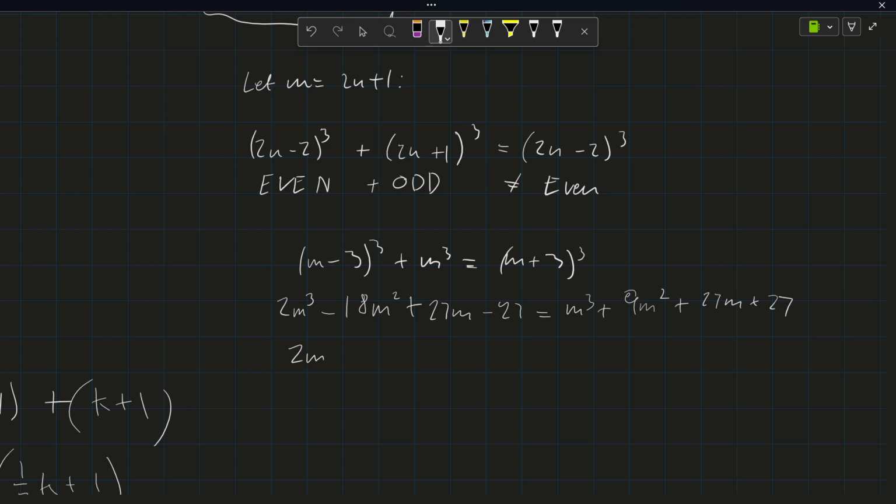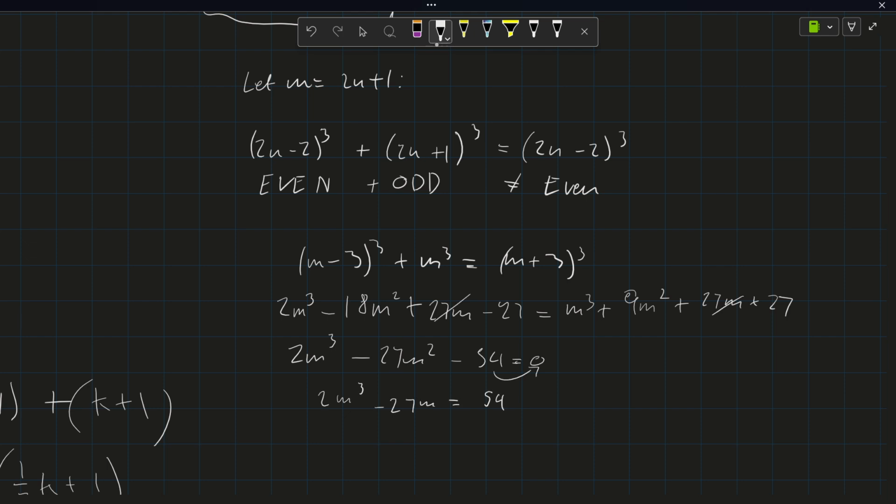So this cube, minus 27x squared. This was cancelled out. Yes, minus 50. But you can notice we got 54. So we might as well just move it to the other side to get minus 27m.